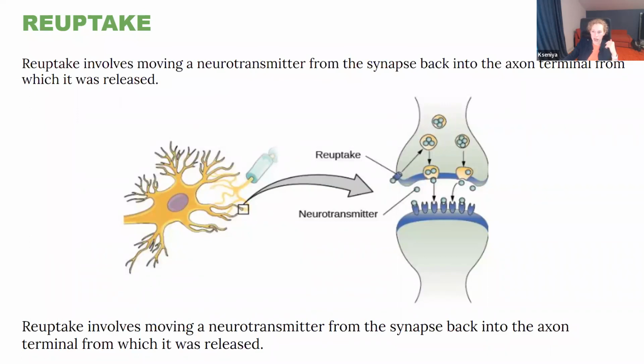Once an action potential has occurred, excess neurotransmitters in the synapse either drift away, are broken down, or are reabsorbed. Reuptake involves moving a neurotransmitter from the synapse back into the axon from which it was released.